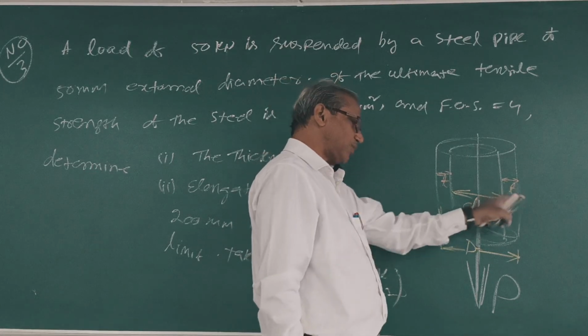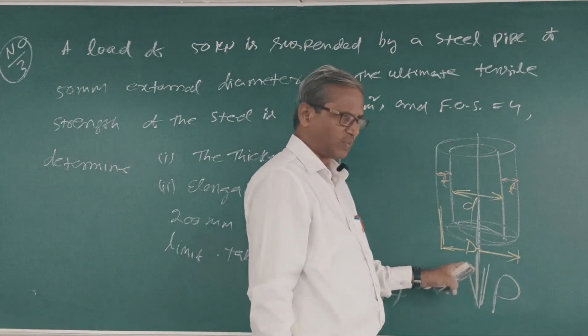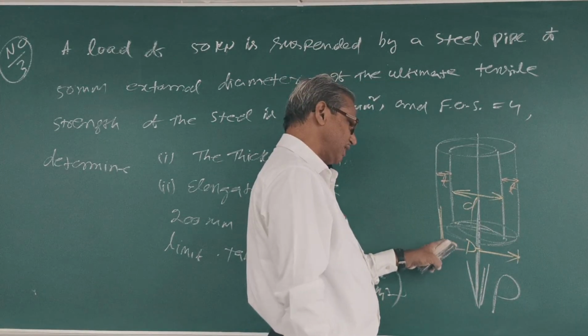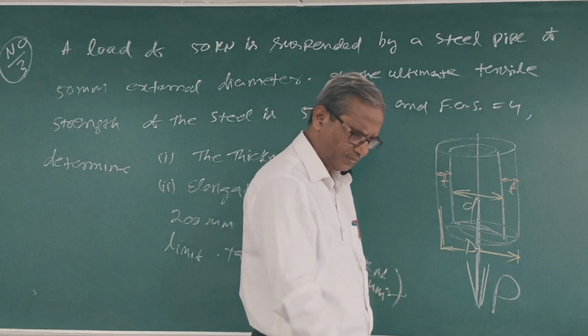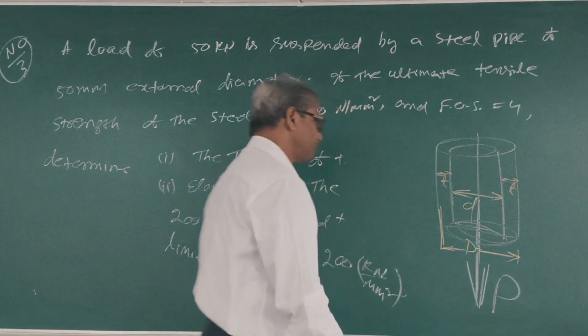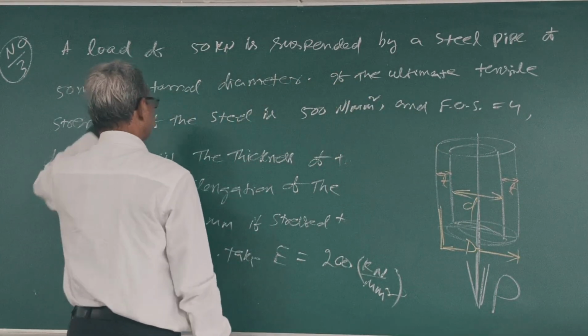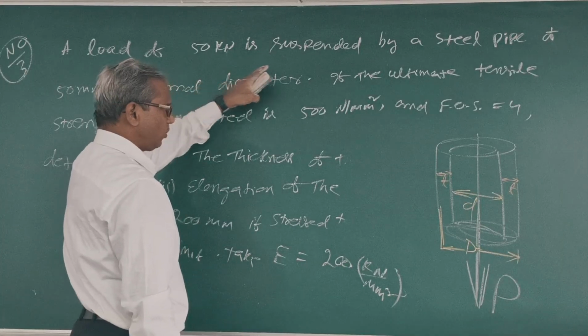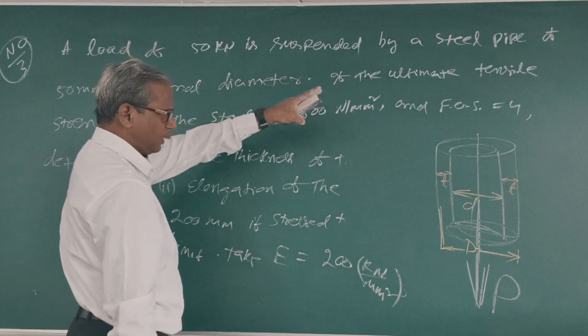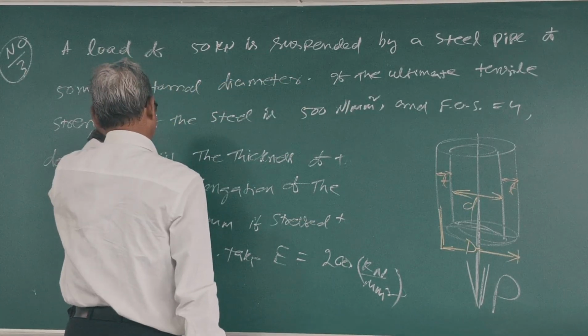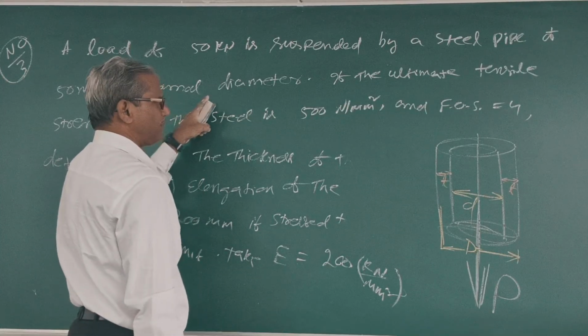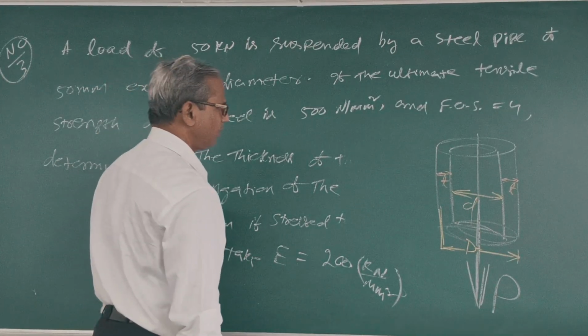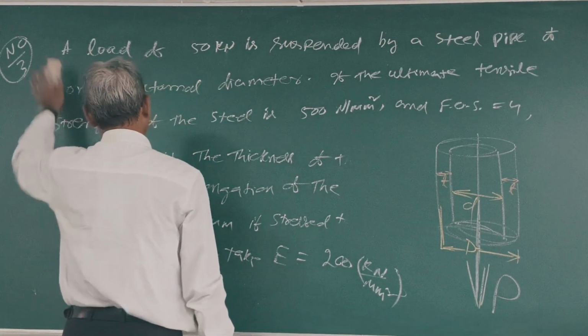T plus d plus T is equal to capital D. First find out small d, then we'll find out T. Clear? Now the question is a load of 50 kilonewton P suspended by a steel wire with external diameter 50 mm, capital D.